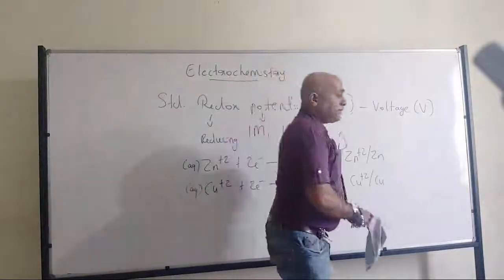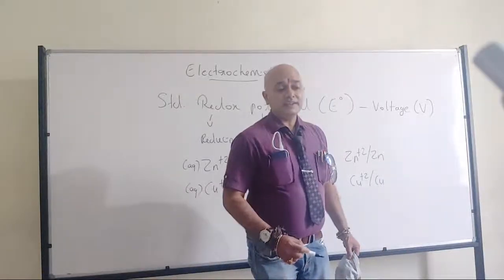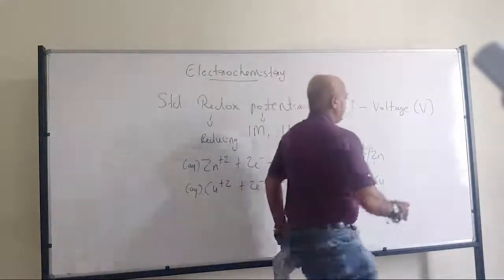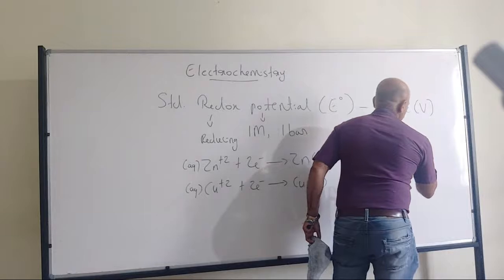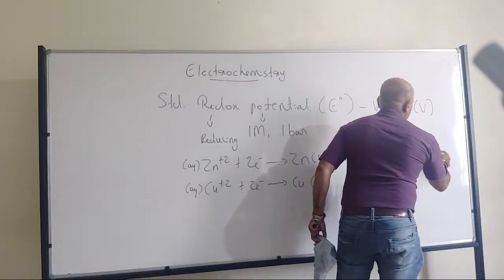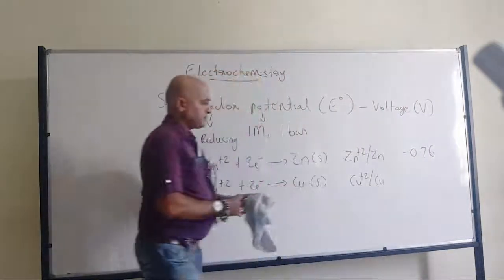Now, when I talk about the zinc ion accepting the 2 electrons, I will write the approximate value, somewhere around minus 0.76.